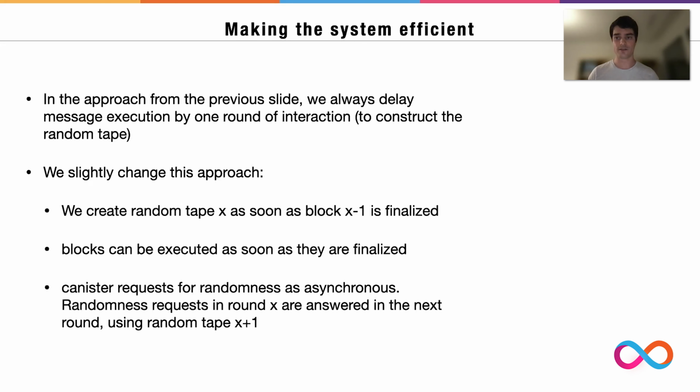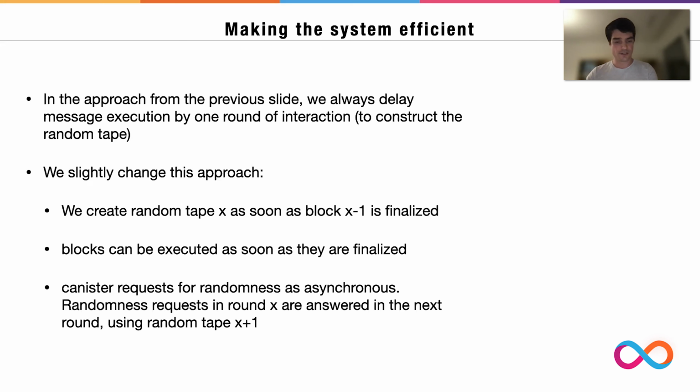And in the next round, it will only get an answer to the randomness request using the random tape from the next round. So this makes sure that we still have this property that the randomness that you get to process a message is always generated after the message is finalized.